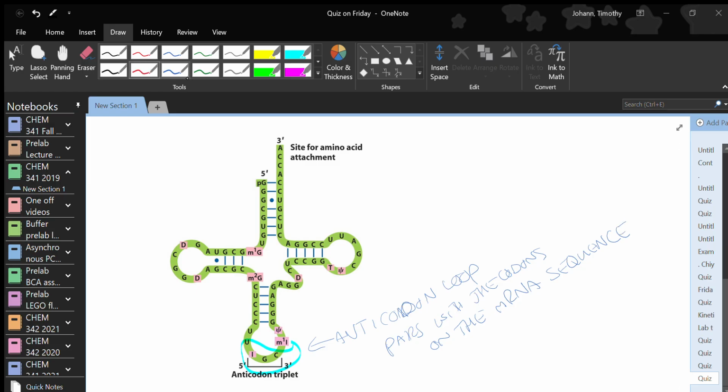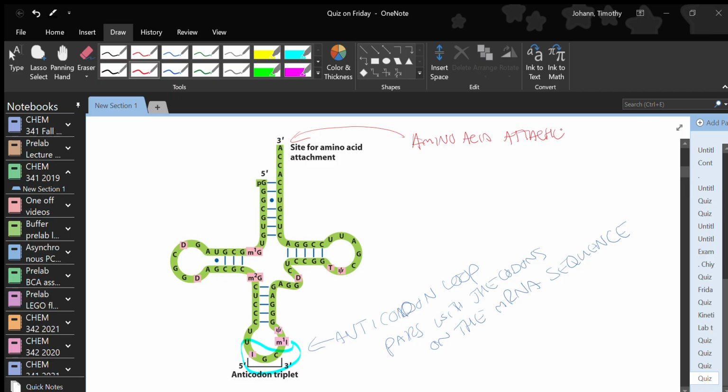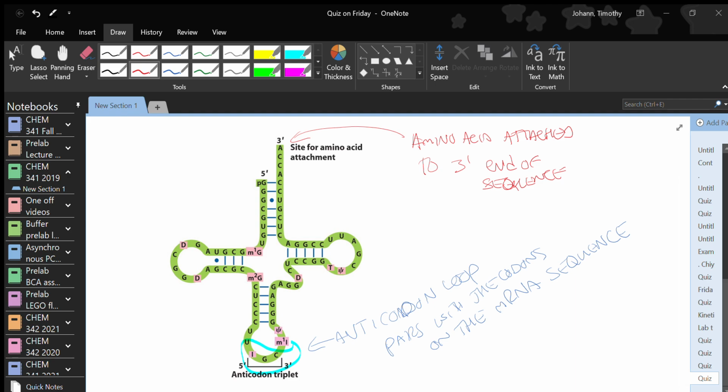All right, and up here we're going to have an amino acid attached. Let's not say up here, let's say the 3' end of the sequence. And it's important that that amino acid correspond to whatever the codon is that this matches up with.